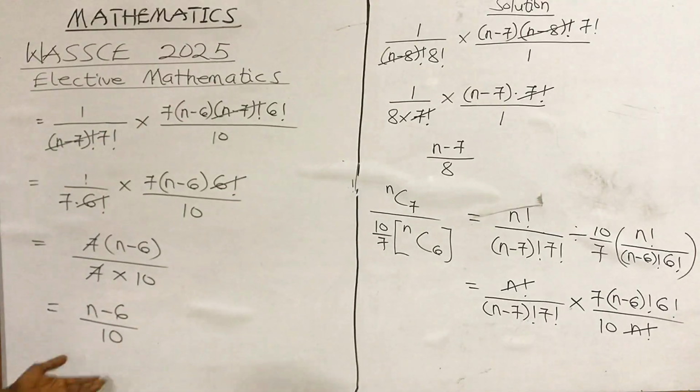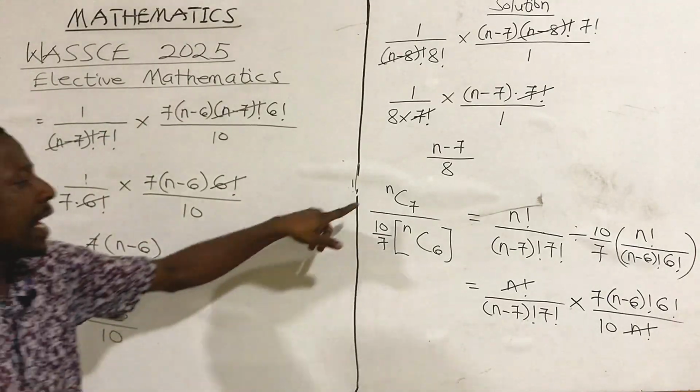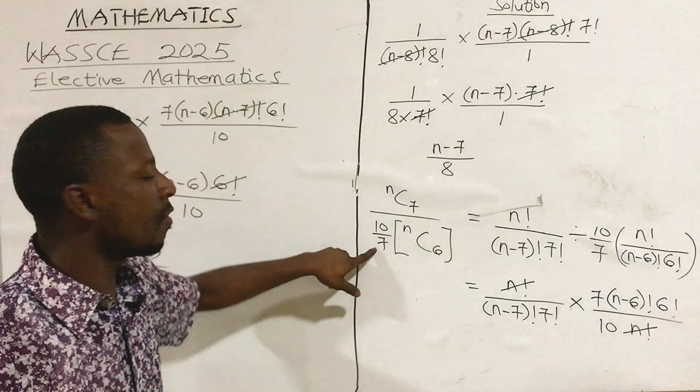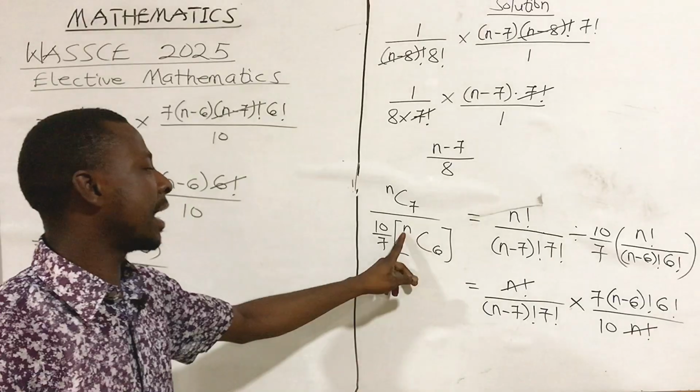And this is the answer we had from n combination 7 all over 10 over 7 multiplying n combination 6.